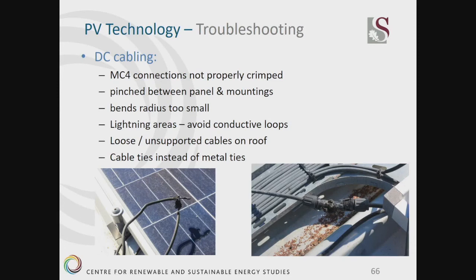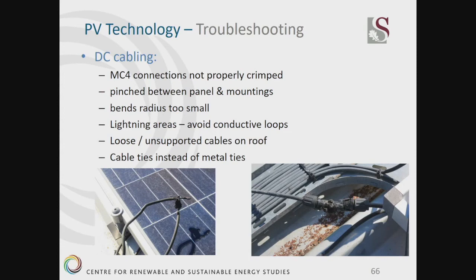Then DC cabling: MC4 connections that are not properly crimped can cause problems in the long run, although the installation might be working sufficiently when it's installed. Over the long run connections can loosen, and this might cause problems for you. Pinched cables between panel mountings and rails can damage the wires, and this can lead to ground or earthing faults.